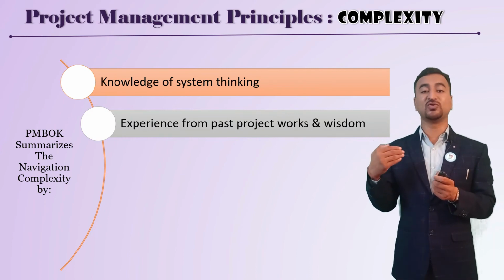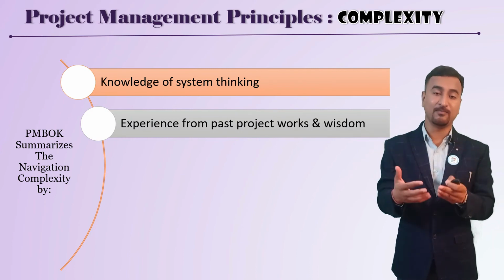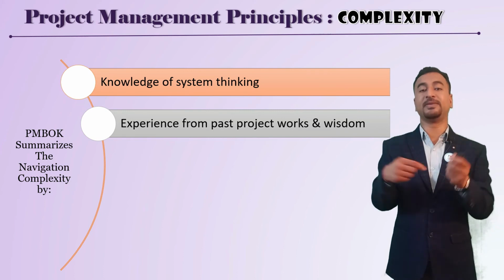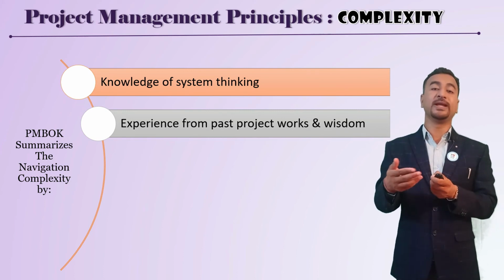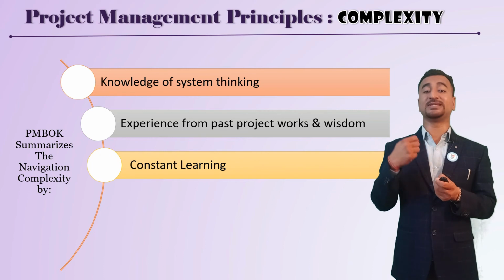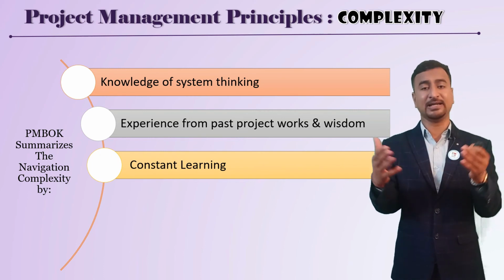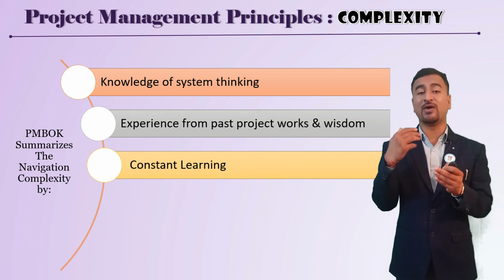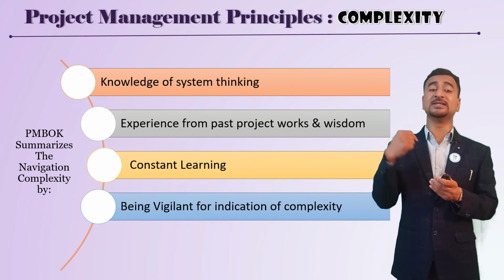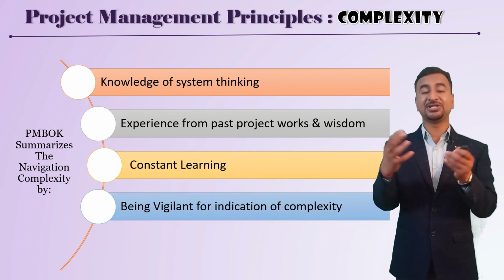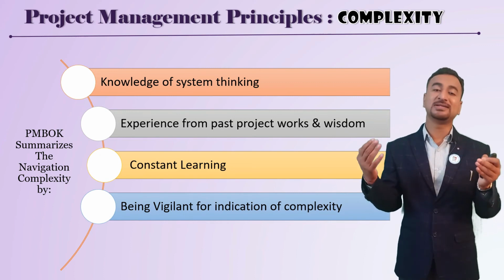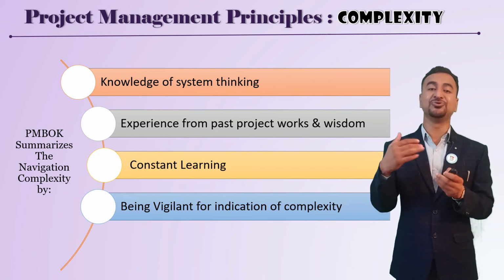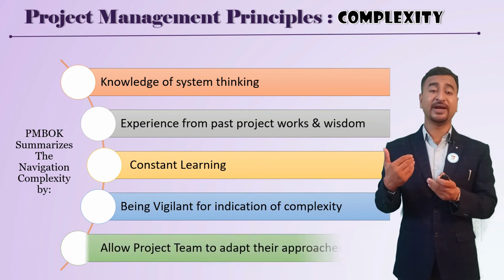Experience from past projects and wisdom, if you can bring it to the table, also helps you navigate the complexity. And constant learning, because we are in a VUCA world, it is required that you constantly learn. Be vigilant for indications of complexity, what things are changing in your surroundings. You should be vigilant and ready on your toes.